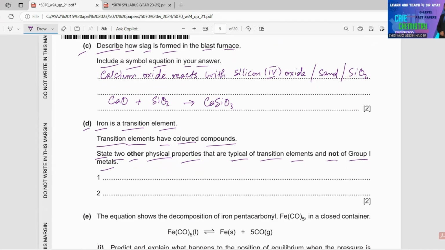So these are the properties which are not shown by transition elements. Transition elements are hard. So you can write any two from: hard, or high melting point. Transition elements have high melting points.